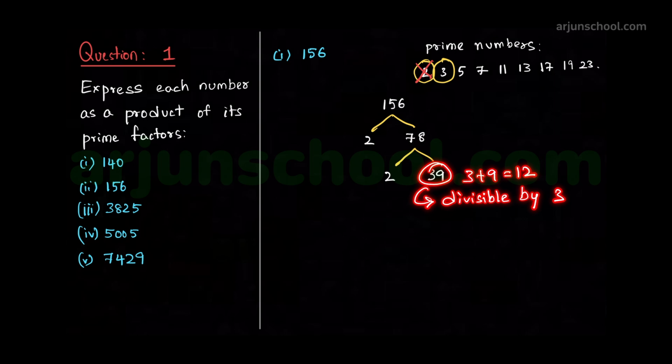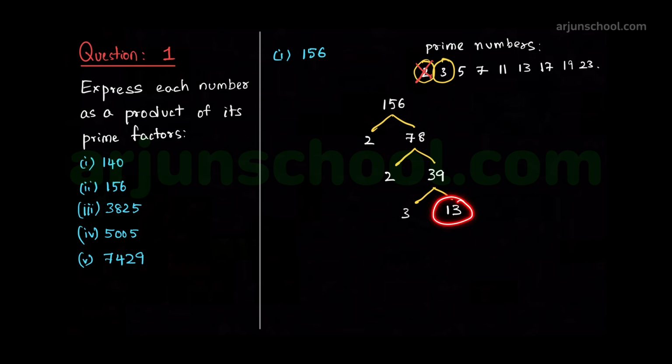So, 39 is also divisible by 3. Divide 39 by 3. 39 divided by 3 is 13. Now we get 13. The number 13 is already a prime number. Therefore, we can stop the prime factorization.